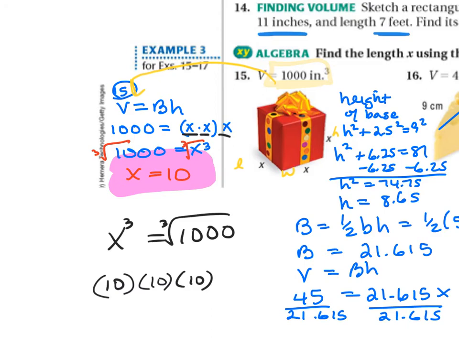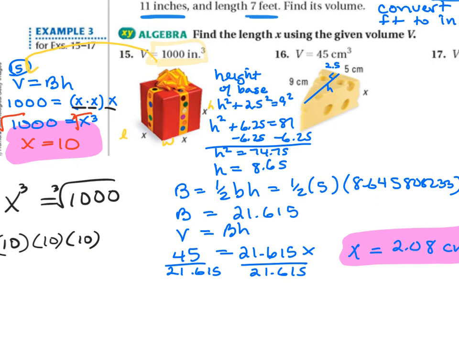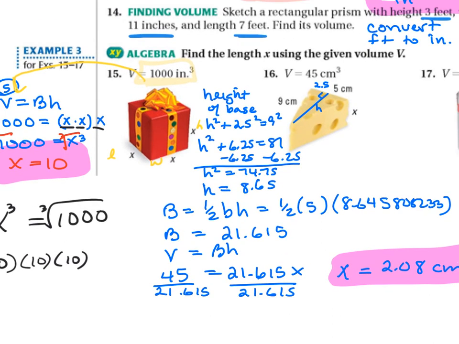Now, the next one was a bit challenging because notice my base is a triangle, but it's not a right triangle. So I actually had to take my base shape, which is the triangle here, and then split it and turn it into a right triangle. So once I took this base, which had a 5 here and a 9, as soon as I drop in my altitude, it forms a right triangle.